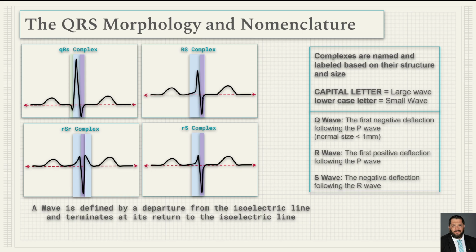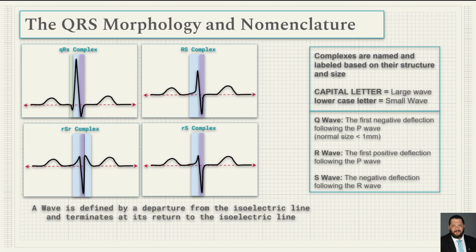Next, we'll look at some of the deviations again. Looking at the bottom left of the screen, you'll see what's known as an RSR complex. Following the P wave, the first positive deflection there, you'll see the line slowly sloping upward, the blue shaded box, away from the isoelectric line. That's the first R wave. That R wave concludes when it returns back to the isoelectric line.